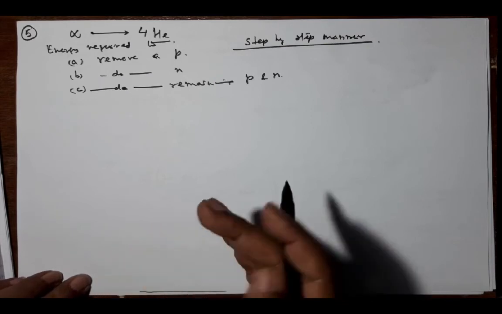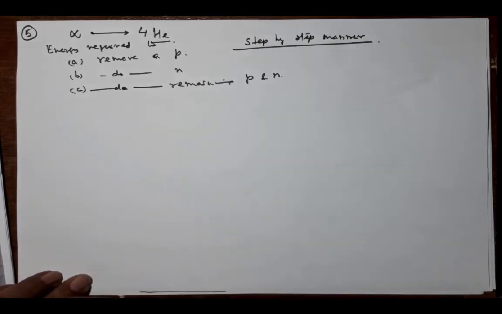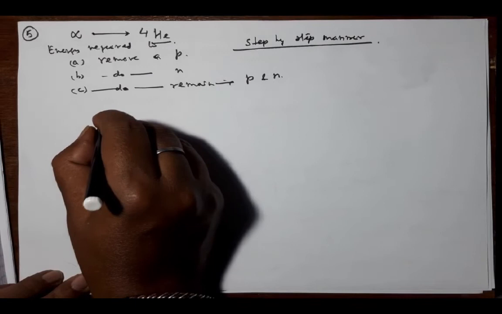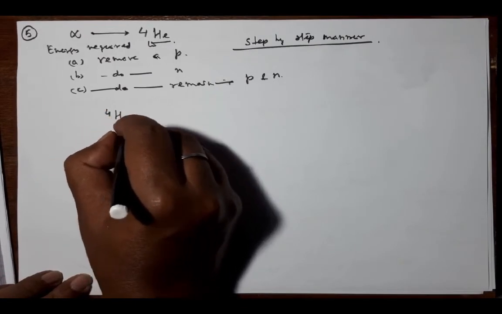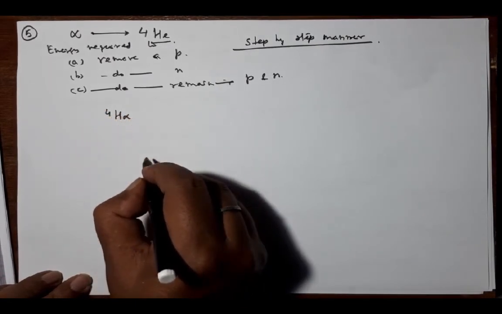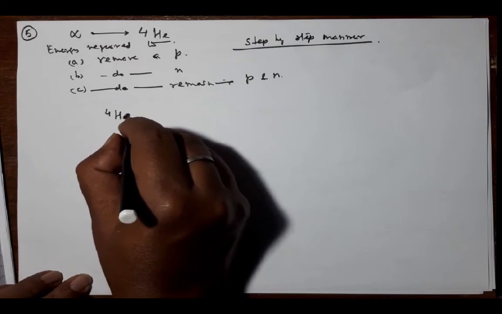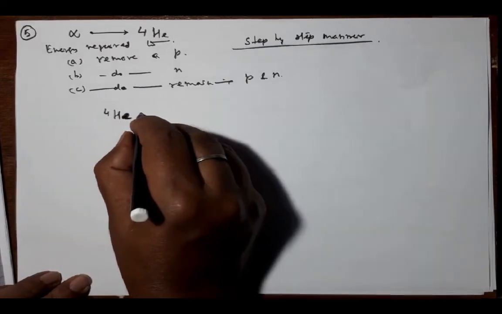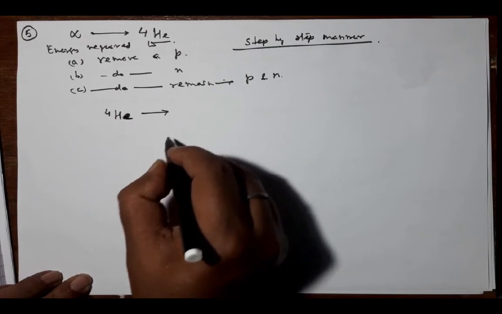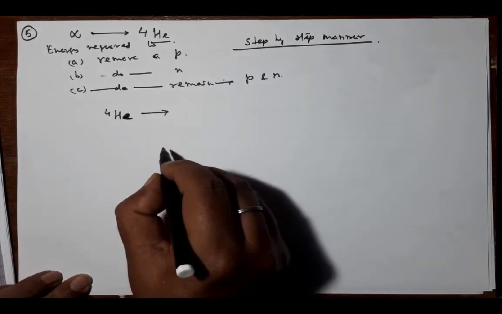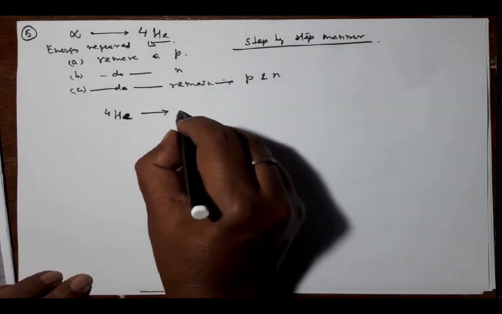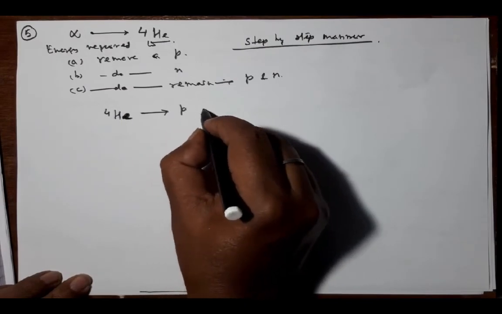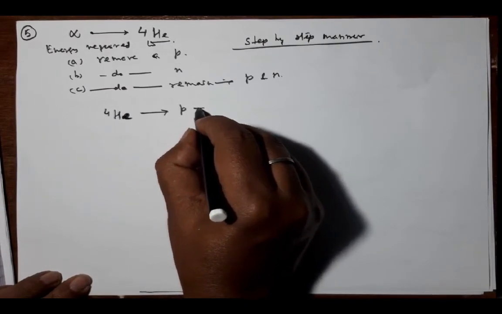So let us write first the equations. You have alpha particle. Now suppose one proton is removed. For this, the equation will be this.